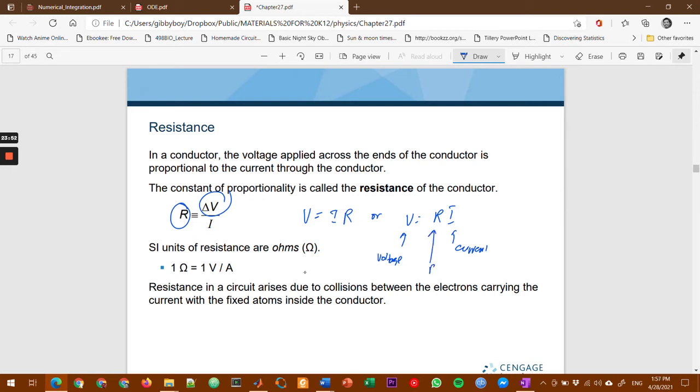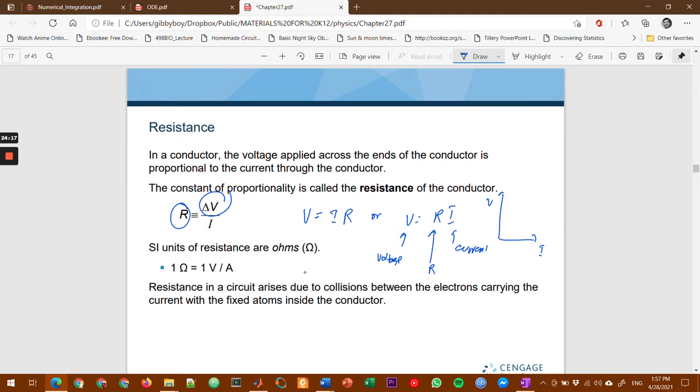Okay. So this is for a specific type of material. For example, you may have done this experiment before in high school, where you take a certain type of conducting material, and then you have your current and voltage, and you measure the different current responses with different input voltages. So you will notice the graph looks like this.